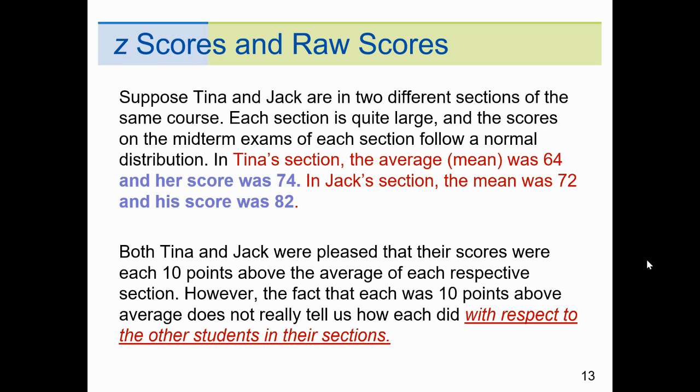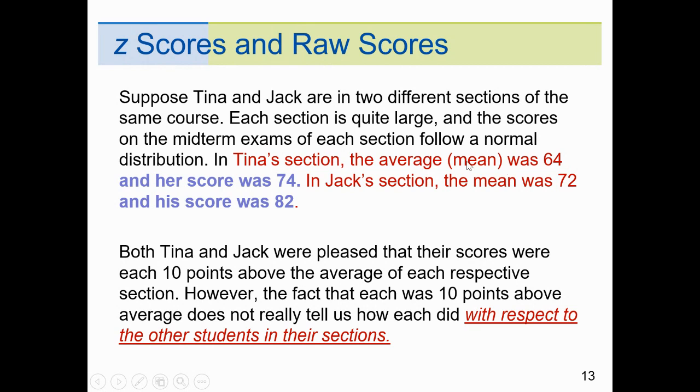This is exactly what the video talks about when I call him Big Al, when he introduces Z-scores. Suppose Tina and Jack are in 2 different sections of the same course. Each section is quite large, and the scores on the midterm exams of each section follow a normal distribution.